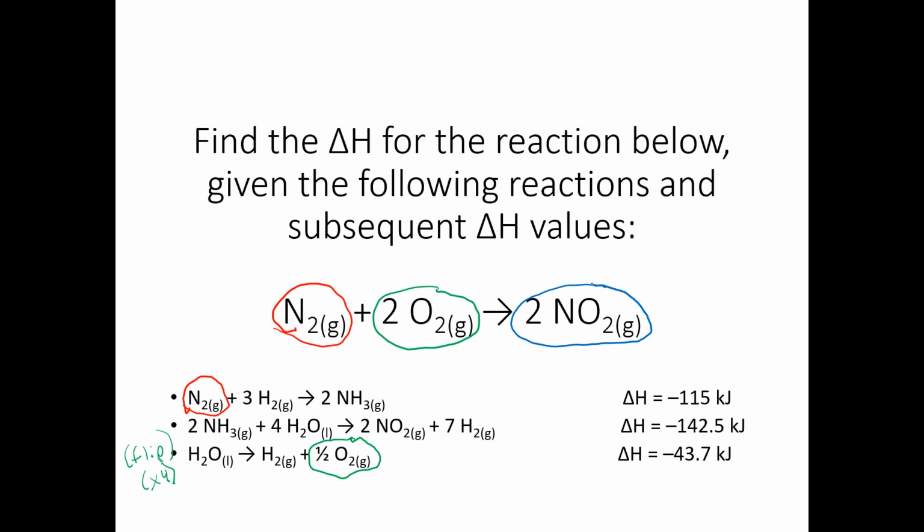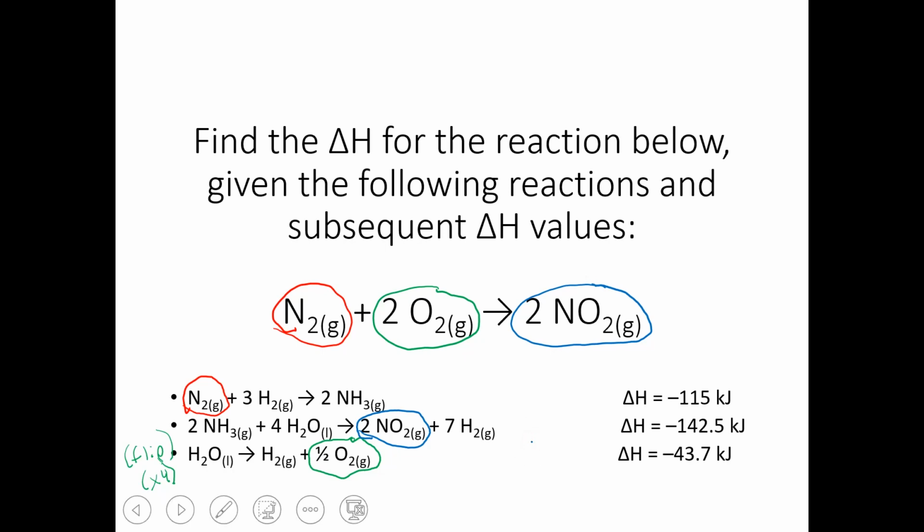So if we look down through our 3 equations, we have 2NO2 on the product side of the second equation. So N2 and the NO2 are in the right place with the right quantity, but we've got to flip the third equation and multiply it by 4 to get the right quantity of O2 in the right place.